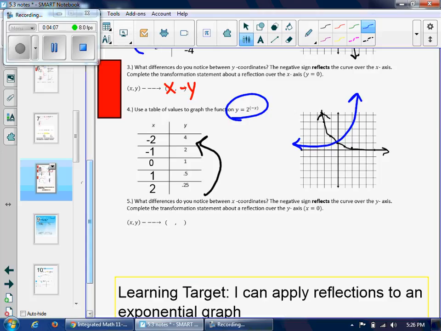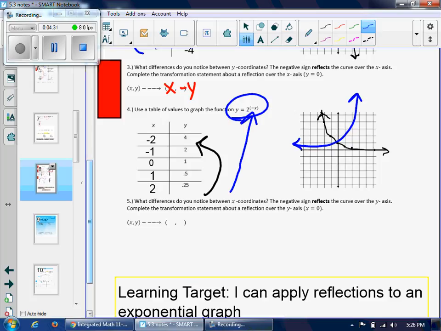This is an example of a reflection over the y-axis, which means all of your x values are now opposite. And you can also tell by looking at the exponential function because you can see that the negative sign is being applied to the x, which means the x's become opposite.